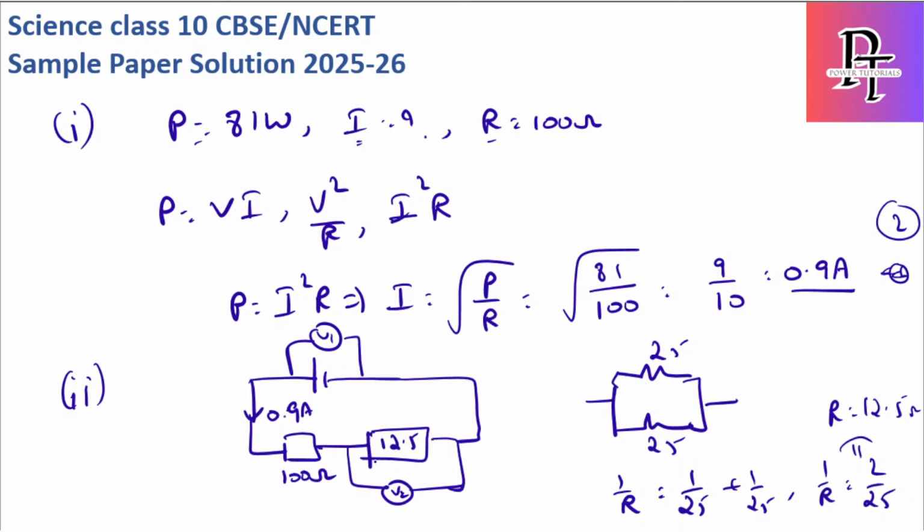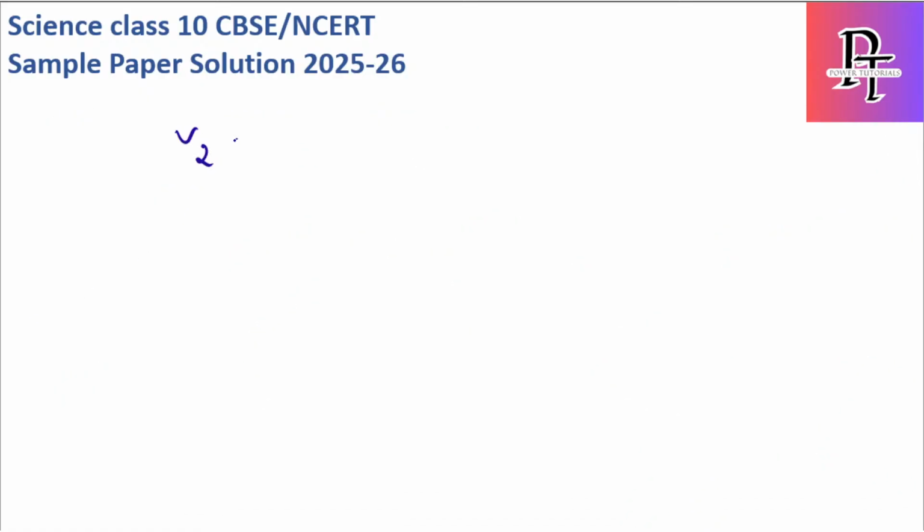Now V2 is nothing but the voltage across this 12.5 ohm resistor. So V2 is equal to R into current. R is 12.5, current is 0.9.